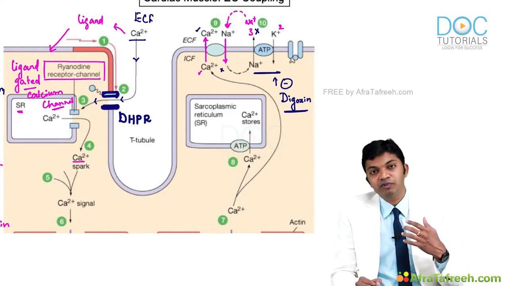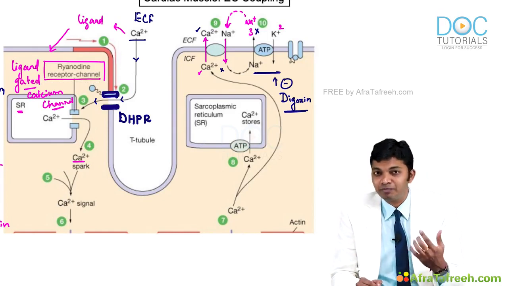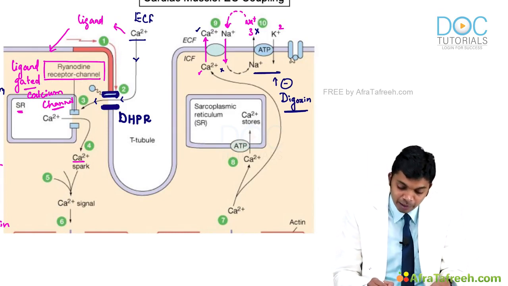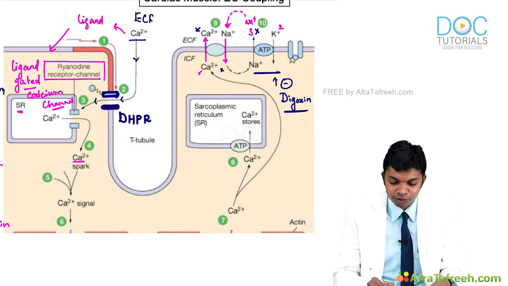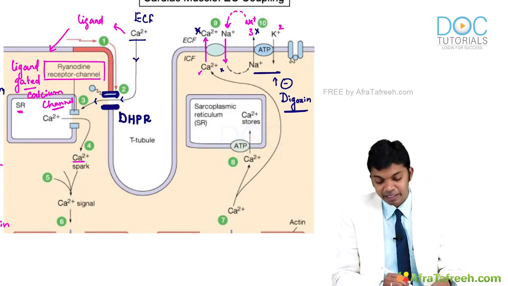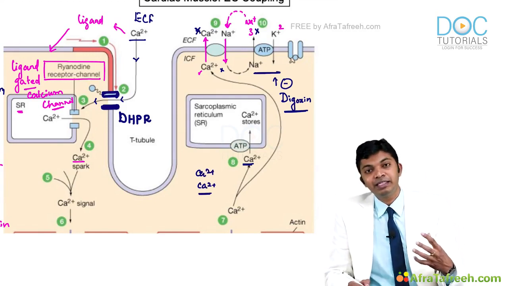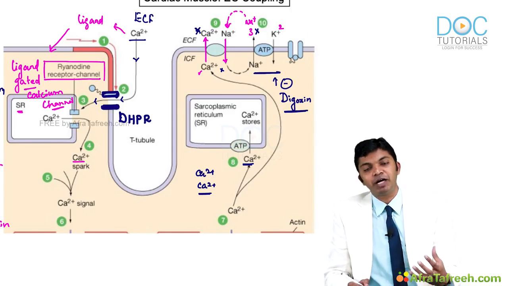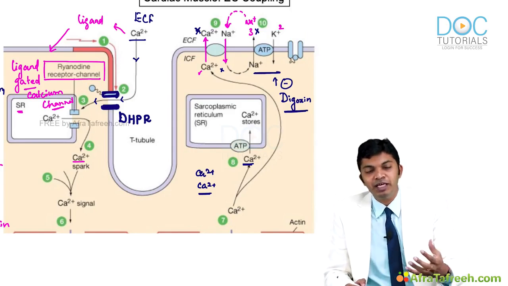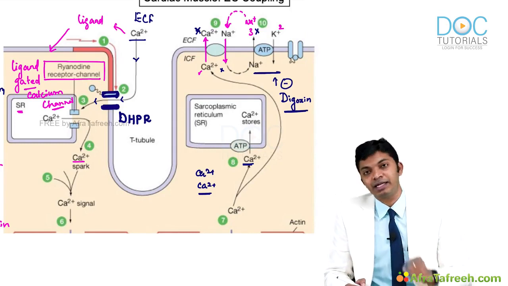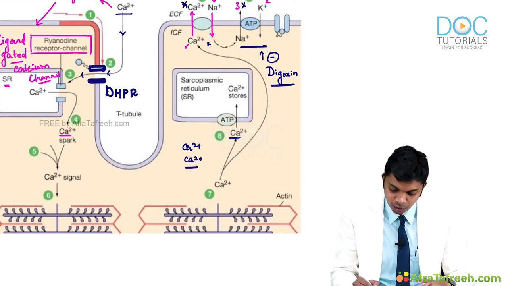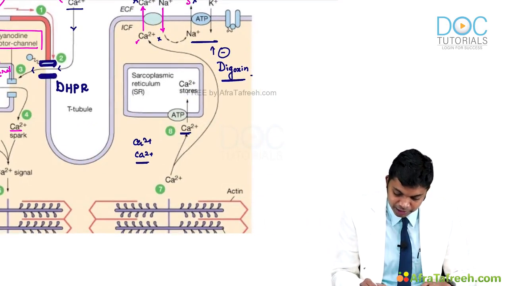So, because of the absence of sodium efflux by sodium potassium ATPase, there will not be calcium efflux from the sodium calcium exchanger. Thereby all the calcium is going to stay in the cytoplasm itself, increasing cytoplasmic calcium level, increasing the amount of calcium available to bind with troponin C, thereby enhancing contraction. That is exactly how digoxin increases.